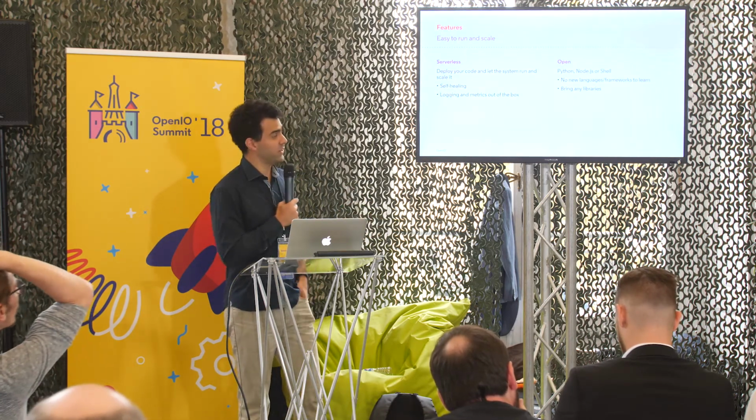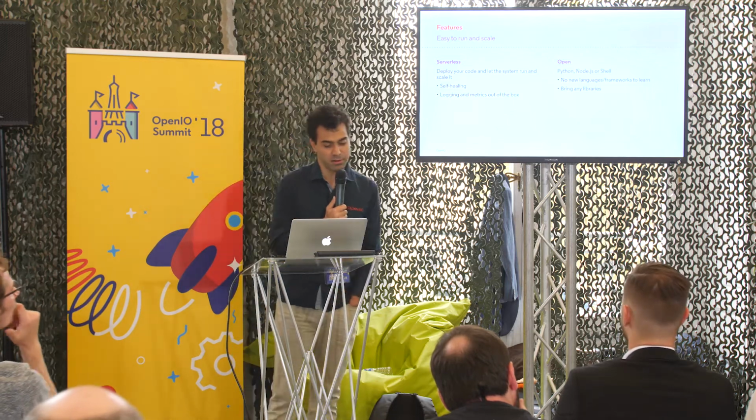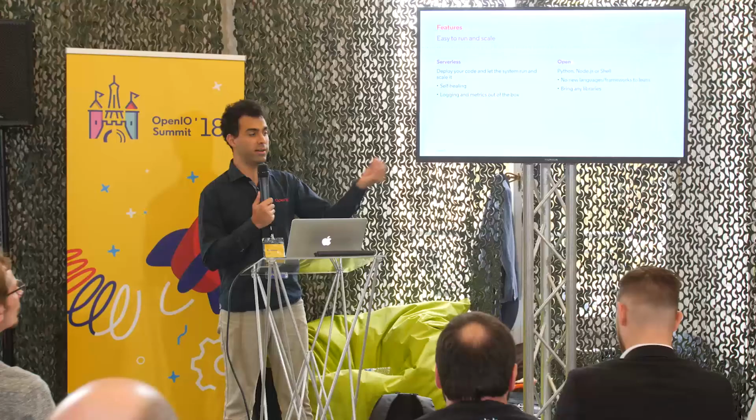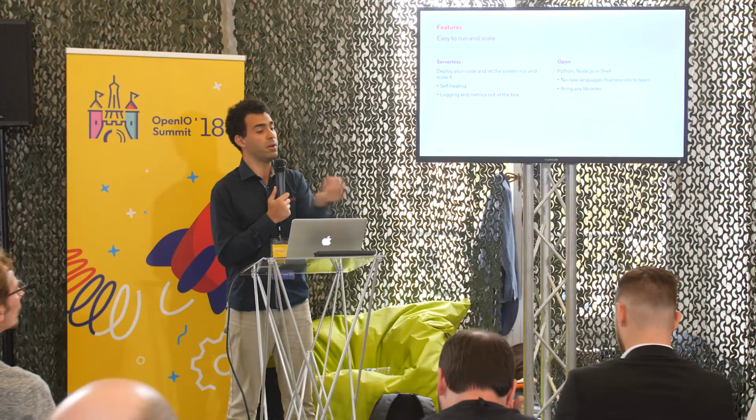So the main features of OpenIO Grid for Apps, and Grid Functions especially: you deploy your code. You just provide your code and let the system do all the rest. The system will schedule where the code will actually run inside your cluster.